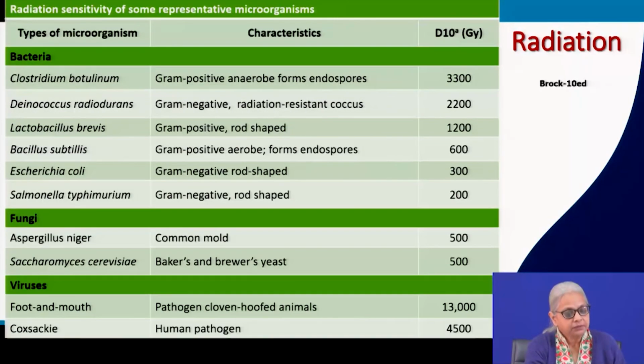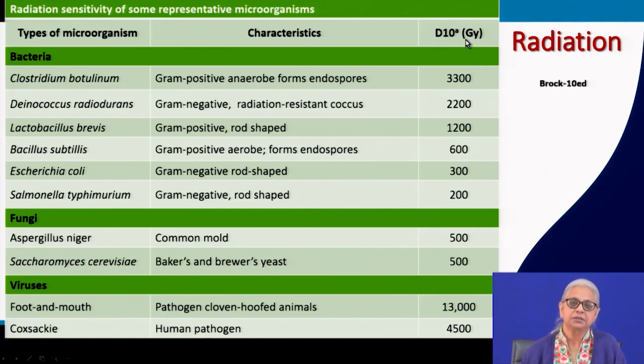Let us now look at the sensitivity of certain microorganisms to radiation. What we have over here are bacteria, fungi and viruses. Several types of bacteria, both gram-positive, gram-negative, aerobes, anaerobes, all of them have the ability to withstand fair amounts of radiation.